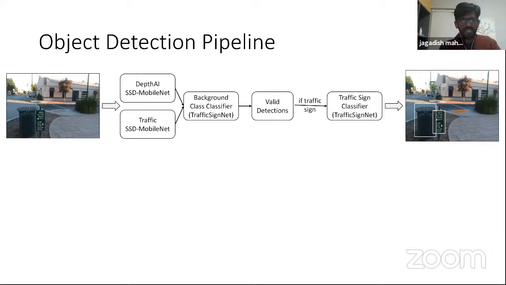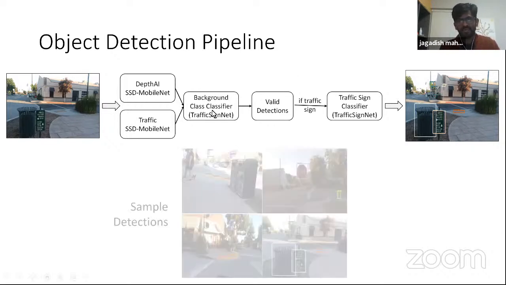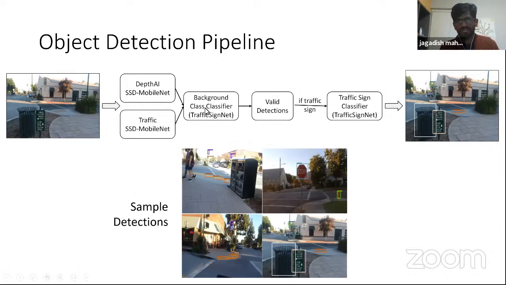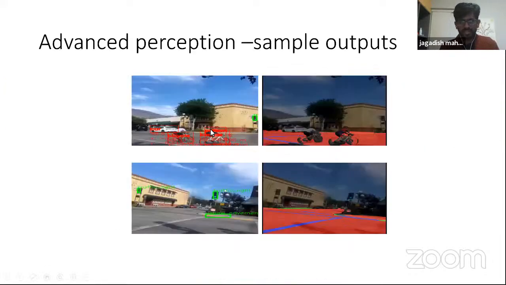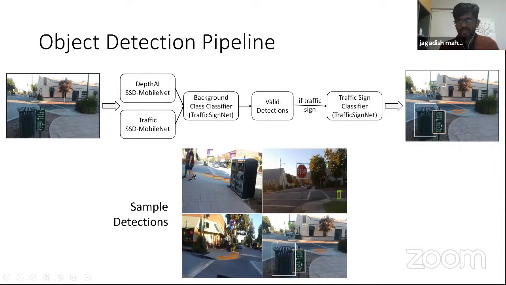Since these are optimized models, they produce some false positives. So we trained another layer of background classifier, which can reduce these false positives to make sure the detections are valid. And for traffic signs, we used another classifier called TrafficSignNet to classify whether they are valid detections or not.